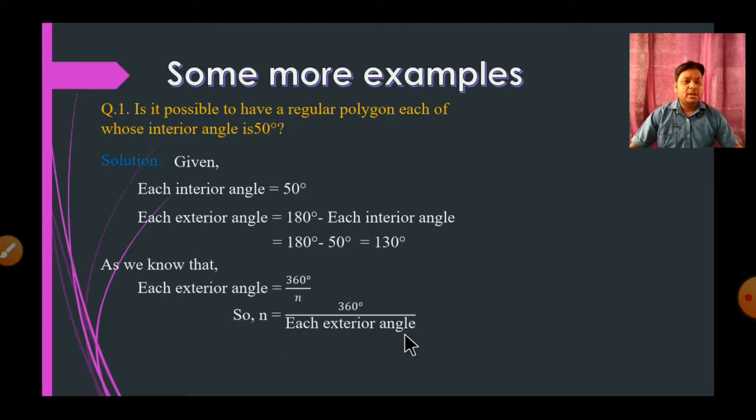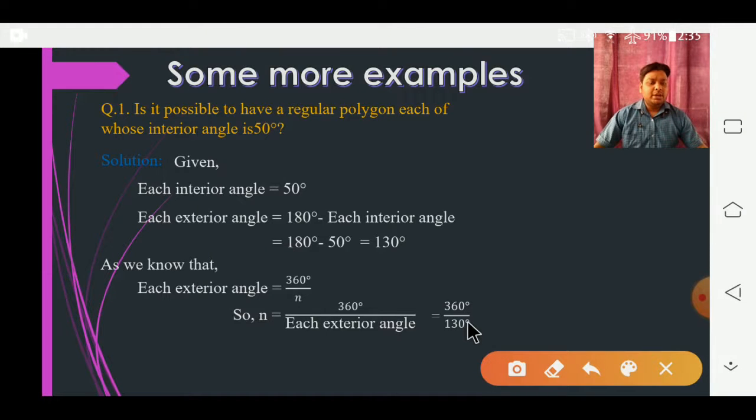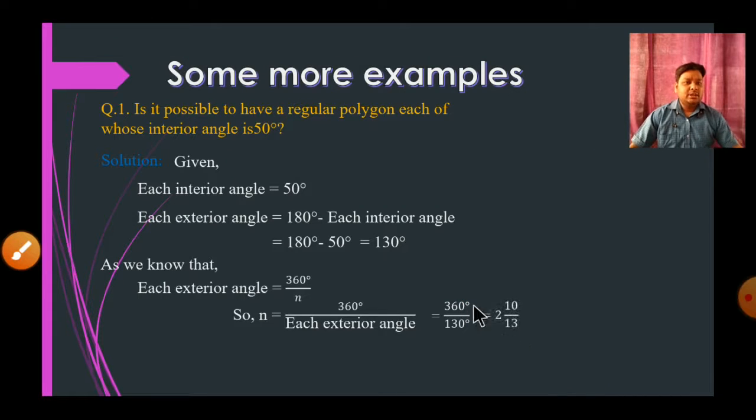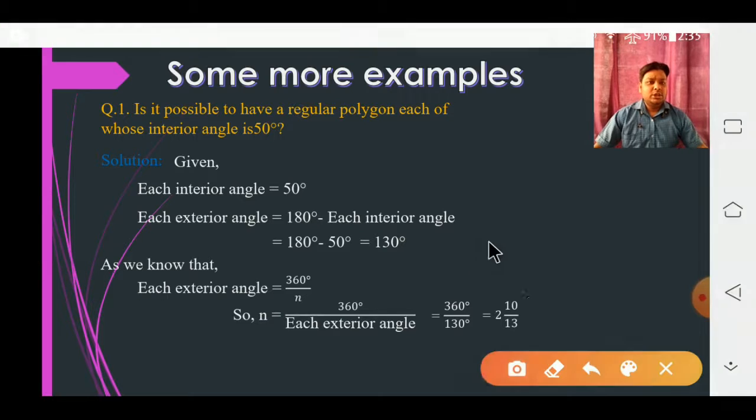Now we put 360 degrees in the numerator and each exterior angle is 130 degrees. If we cancel the zeros, what is 36 by 13? And 36 and 13 are not divisible. So we can write it as a mixed fraction.